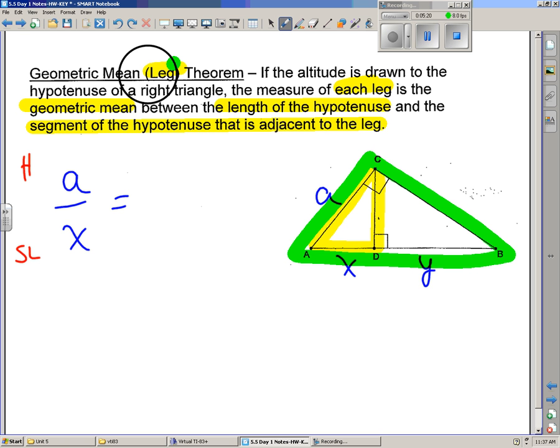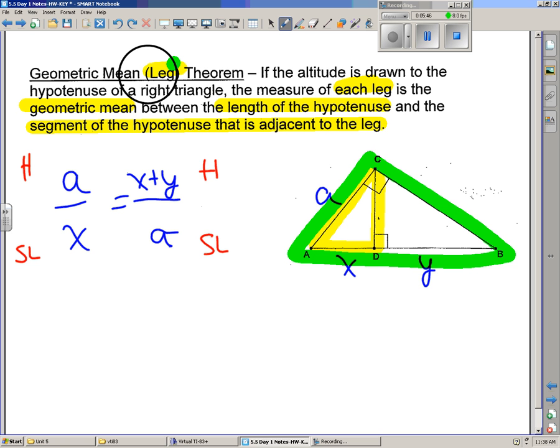When I look at the green triangle, I have to find the hypotenuse and the short leg again. In the green highlighted triangle, my hypotenuse is the two segments X and Y together that form line segment AB, so X plus Y is the hypotenuse. And the short leg of the green triangle is A. So here's my setup now.